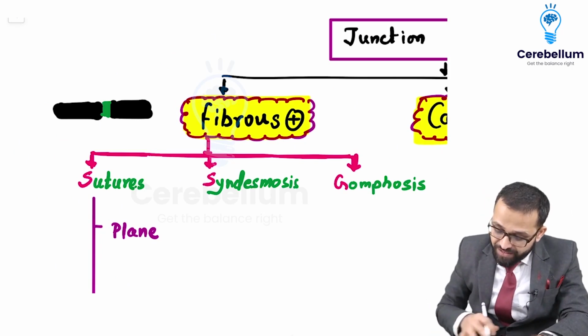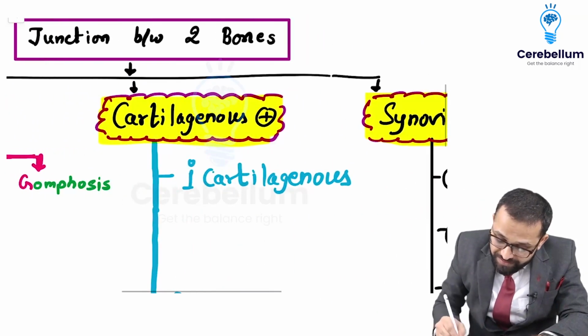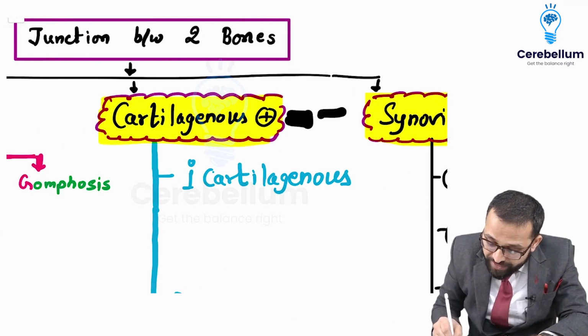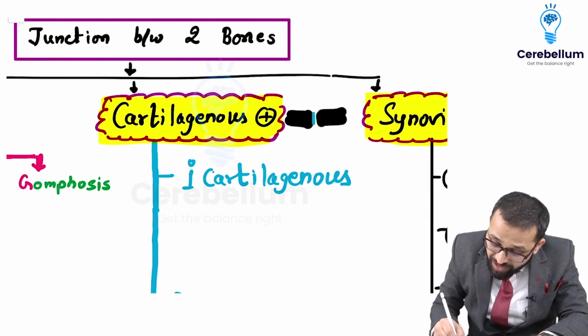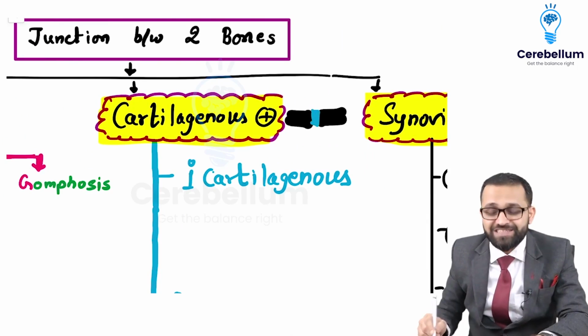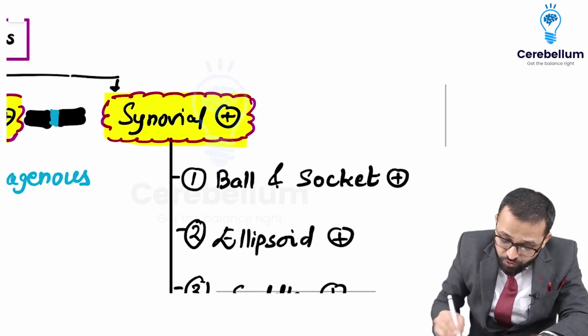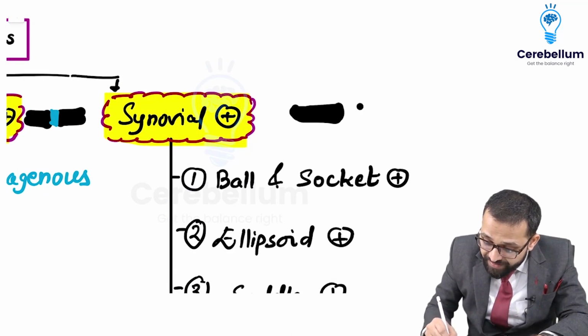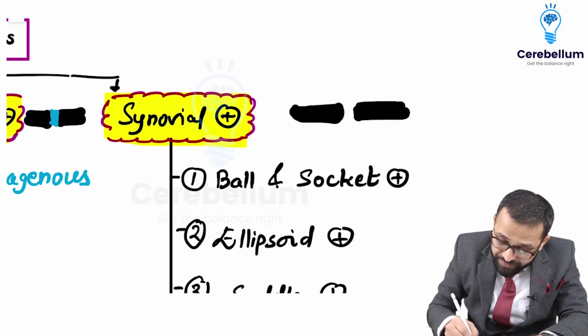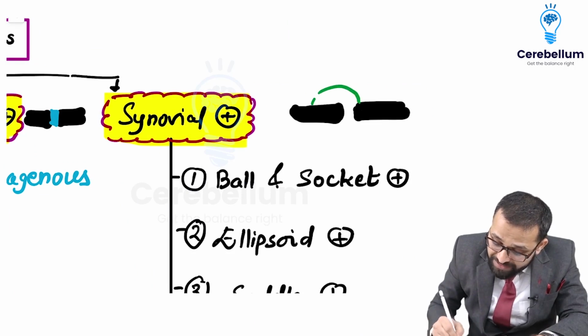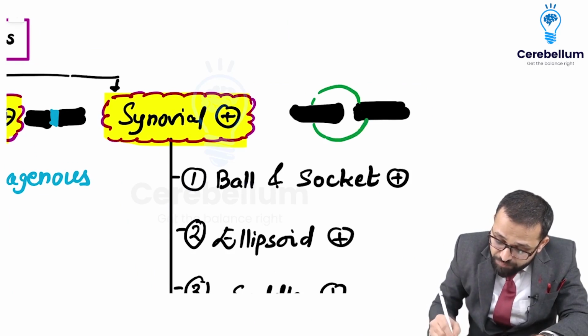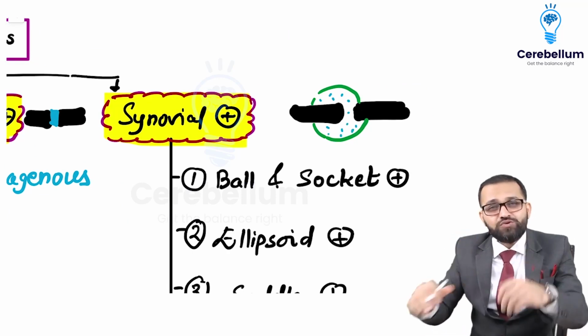If two bones are joined together with the help of cartilage, then it is a cartilaginous joint. And if the two bones are connected together with the help of a fibrous capsule, and within this fibrous capsule there is synovial fluid, then it is a synovial joint.